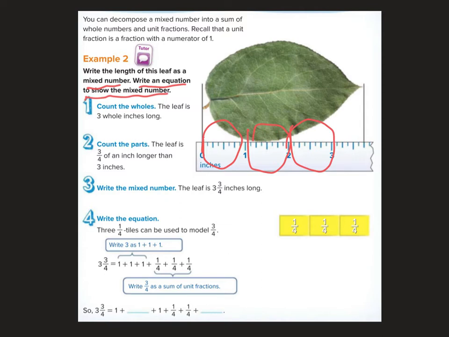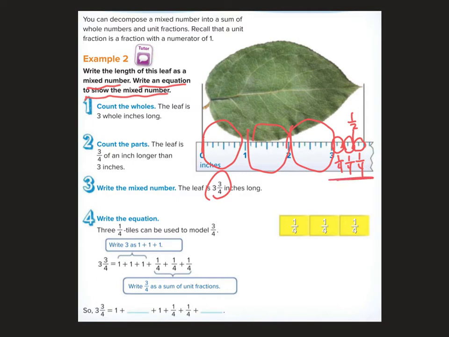So this is 1/4. This is 1/4, or this would be our half mark. And this is worth 1/4, right? I've got 3 1/4. So really, we know that our leaf is 3 3/4, right? Because I've got 3/4 here.